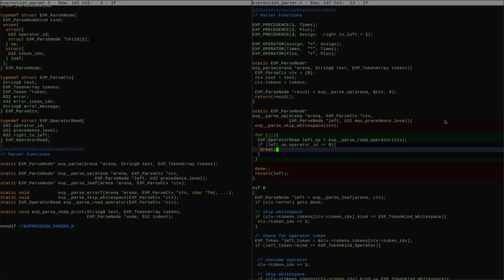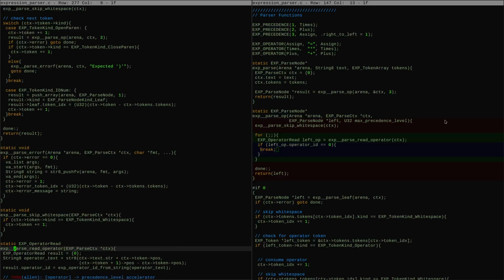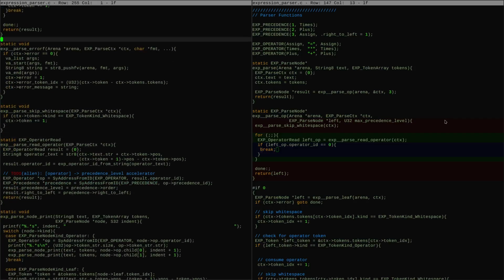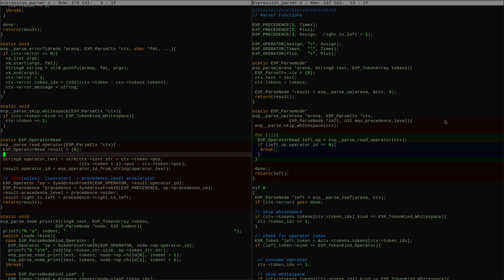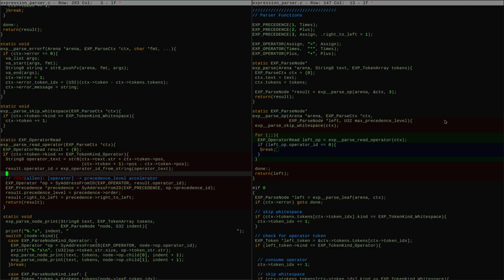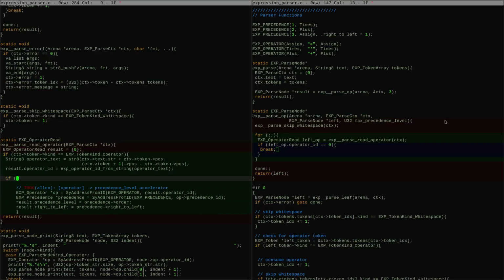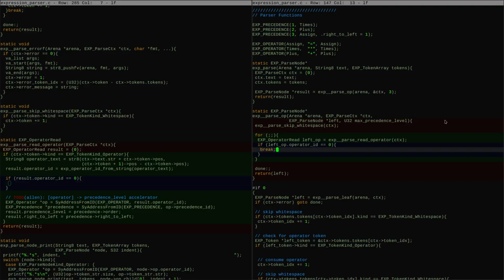Although parse read operator, it's not even checking if context token kind equals token kind operator, then do all this. If we get this far and the operator ID equals 0, then I guess we can set an error that way.